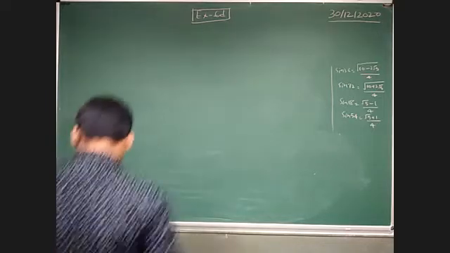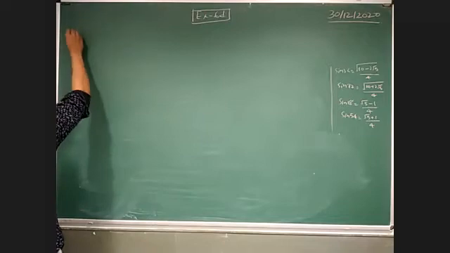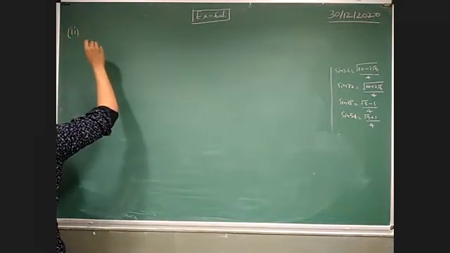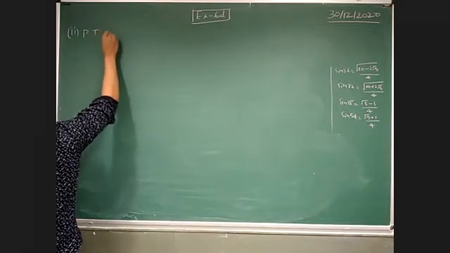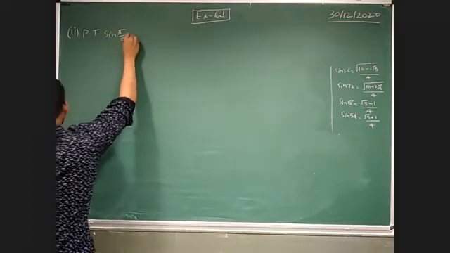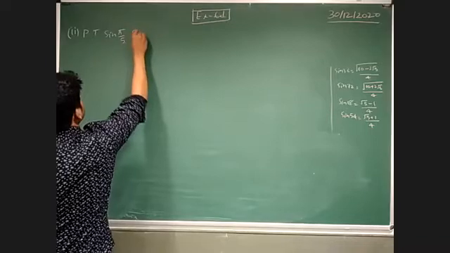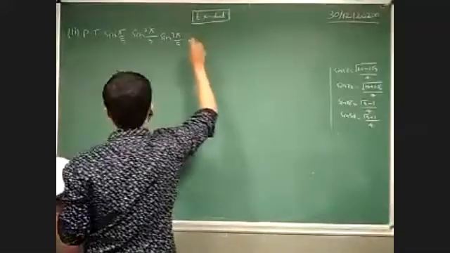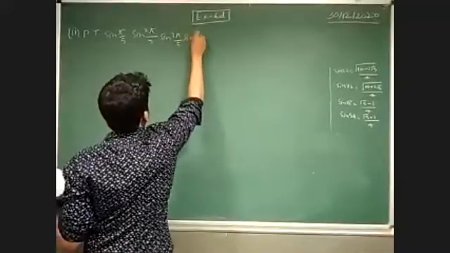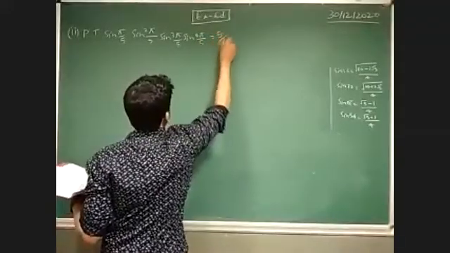Okay, so here the next question is: prove that sine pi/5 into sine 2pi/5 into sine 3pi/5 into sine 4pi/5 is equal to 5/16.